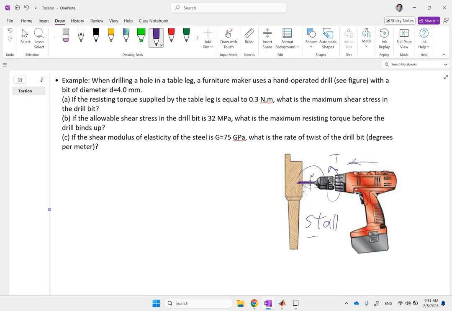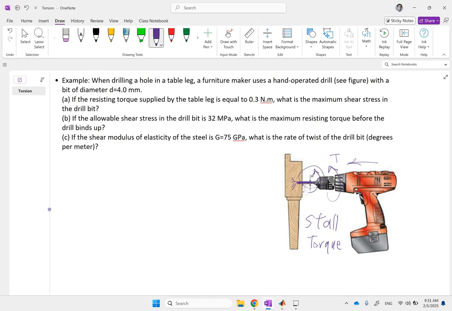So that T could be your stall torque that you're applying. The motor basically cannot turn anymore. And in that case, this side is fixed because it is inside the material and cannot move. This other side of it, you're applying the torque and you're trying to twist it. So that's where the torsion happens.